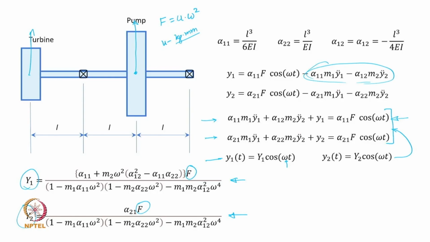Quite powerful. In fact, if you look at these equations in y 1 and y 2, they are going to have in the matrix form the influence coefficient arranged like this, and that way you can use it for many discs on the shaft, okay, as many of the degrees of freedom that you would like to include.